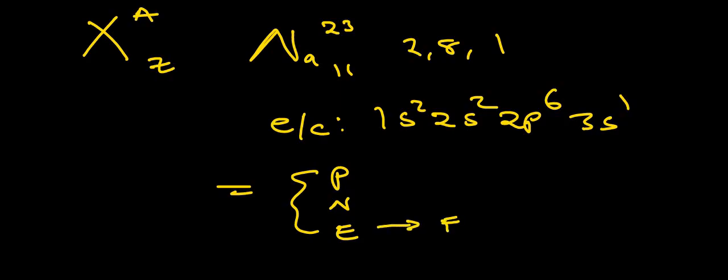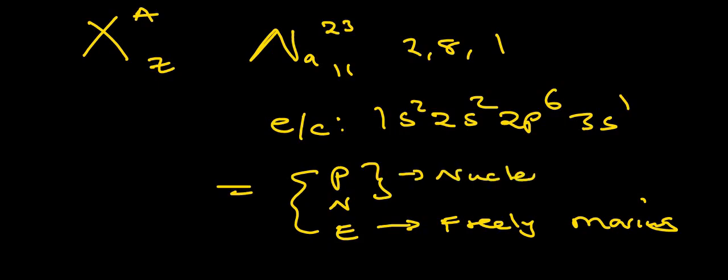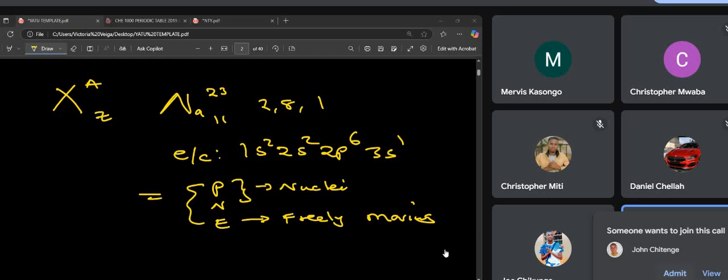These are the guys that freely move. They are always in motion. The other two are stuck. They are found in the nucleus, the central part of your atom, so they are really not going to give any challenges when it comes to the properties of an atom.